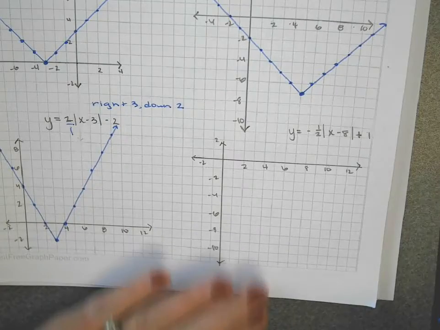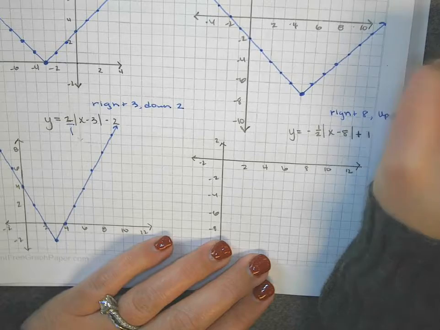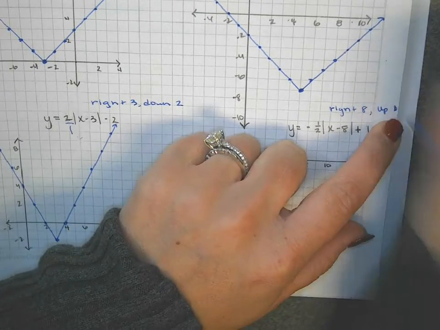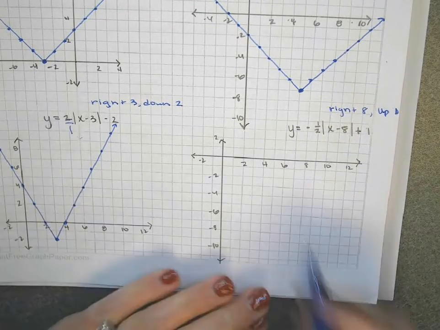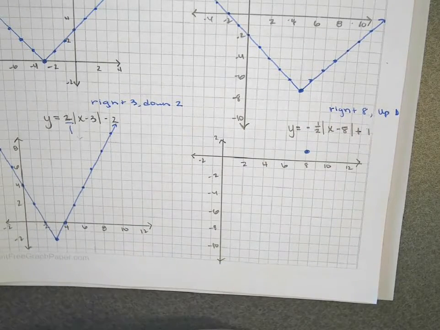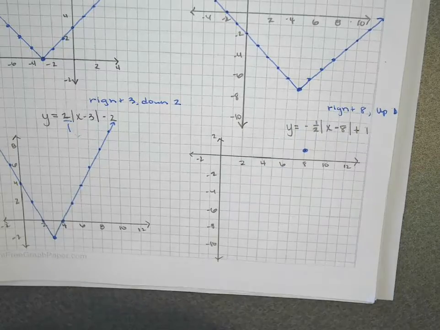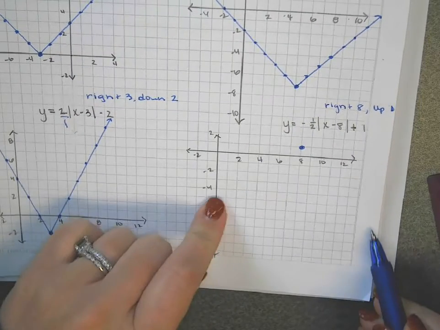Now this one goes right 8, up 1. And when we do right 8, up 1, there's the vertex of our graph. Now this one, though, has a negative multiplier. So this one's going to be the mountaintop. Okay?